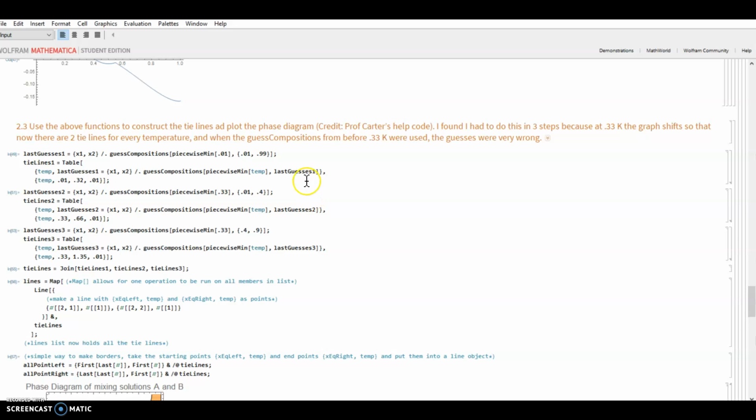Then we feed last guesses back into the function for the next temperature. This gives guesses that are close to the real composition. This only works if there are no jumps in where the common tangent compositions are. And I found that there were 2 jumps. So to make this work, I had to make the tie lines in 3 different tables and then join them together in one table.